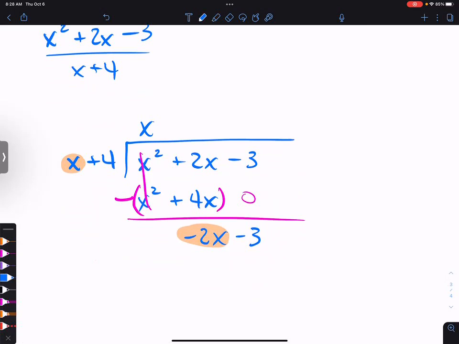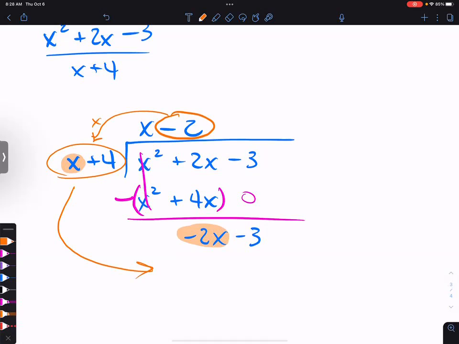Negative 2. Take the thing that we just added, multiply, bring it down. So negative 2 times x plus 4 would be negative 2x minus 8. And then subtract.